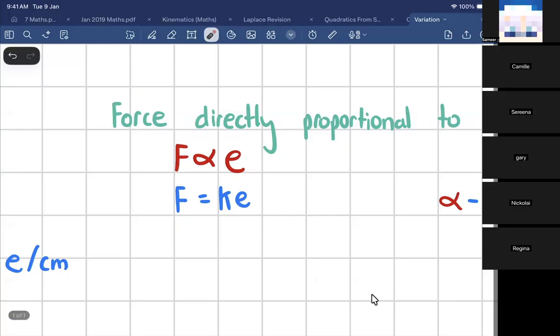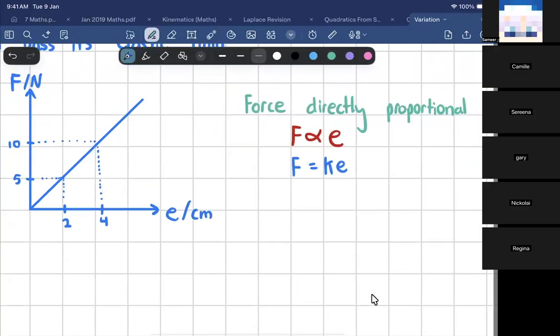Good. So Nikolai, from this graph we could figure out what K is. How could we figure out K? It will be F over E. Can we take points from the graph?